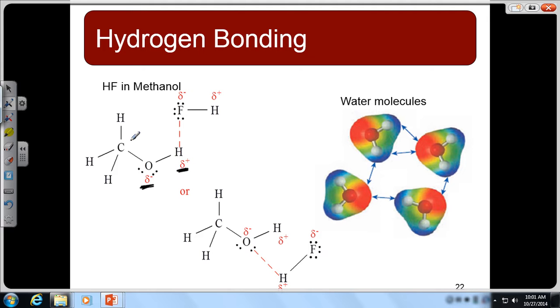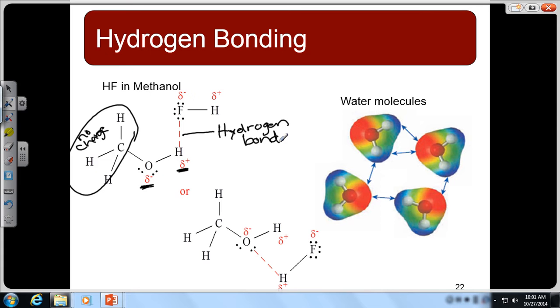This part right here is just carbon and hydrogen, so there's no charge here. Remember, we consider carbon and hydrogen to have the same or very similar electronegativity, so we don't have that unequal distribution. This right here in red is what we call our hydrogen bond.